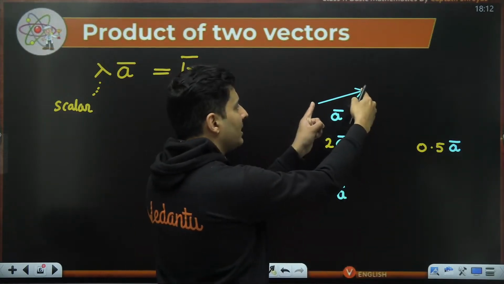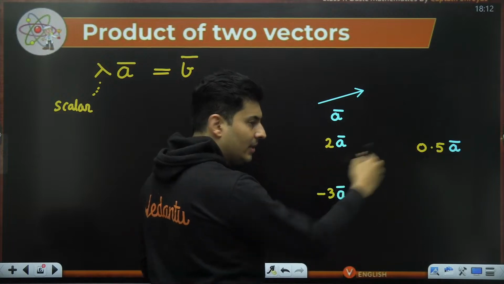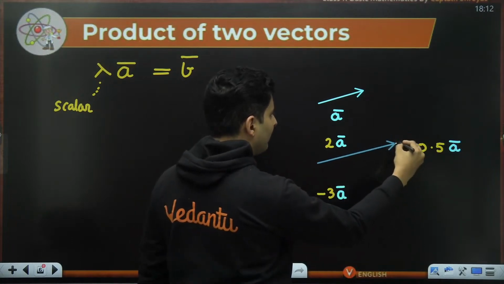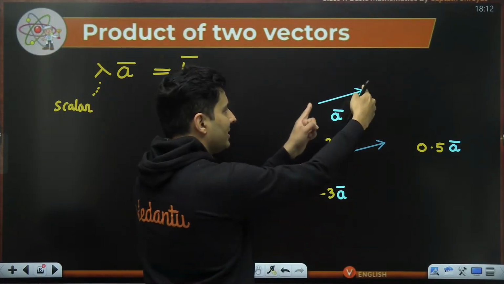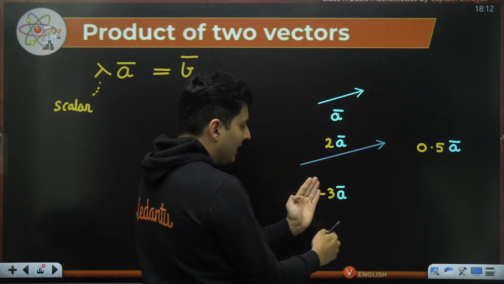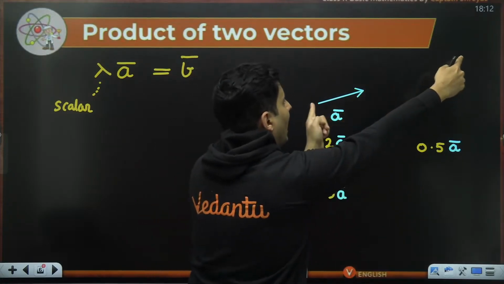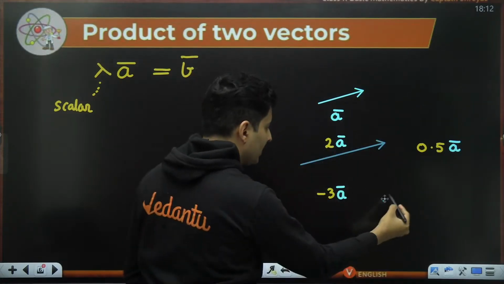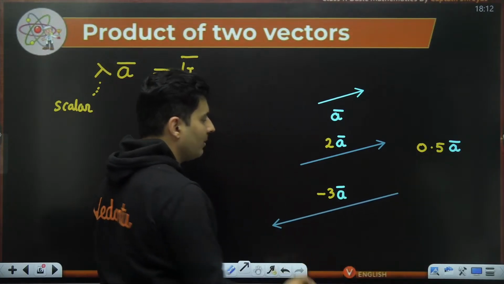For example, let's start with the first one. 2 times a bar means you take a bar but increase its length 2 times. So the final vector will be like this in the same direction. That is basically your 2a bar. Same thing but 2 times. What is minus 3a bar? Forget the negative sign. 3 means you take a 3 times, and negative means you change the direction. So most likely it will be something like this. This is negative 3a bar.